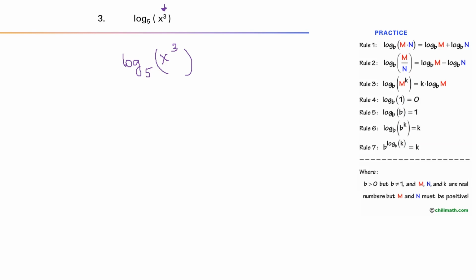So our m is x. Right? And then k, what is k? K is 3. So we bring that one in the front. So this one will be equal to 3 log base 5 of x.